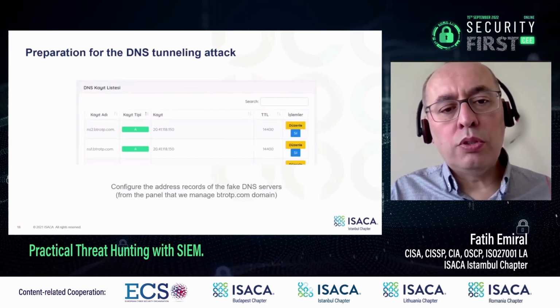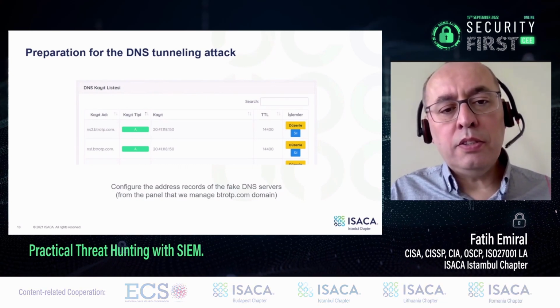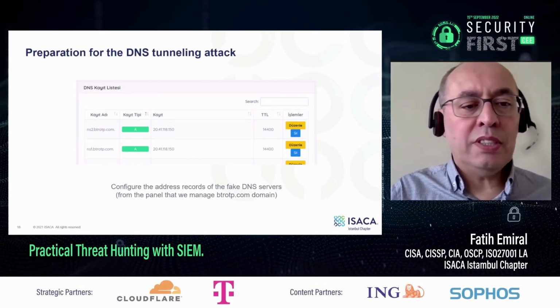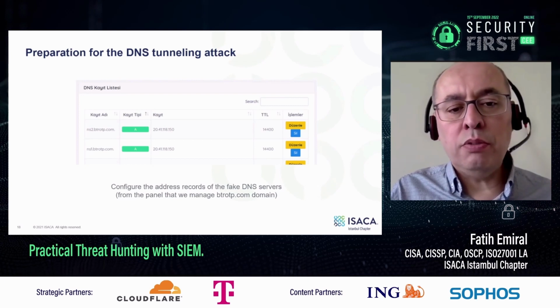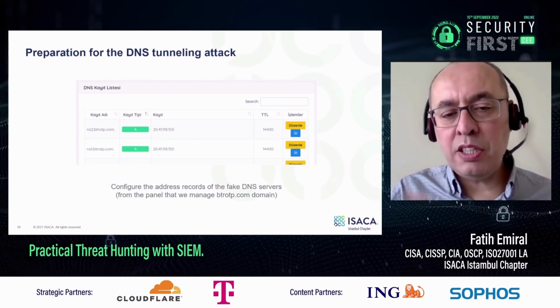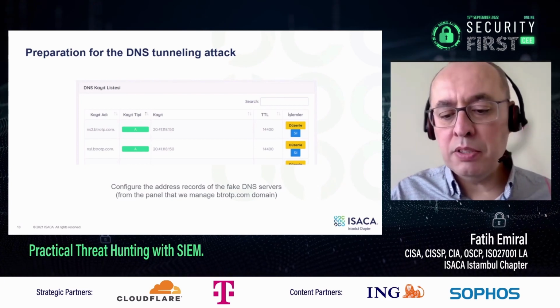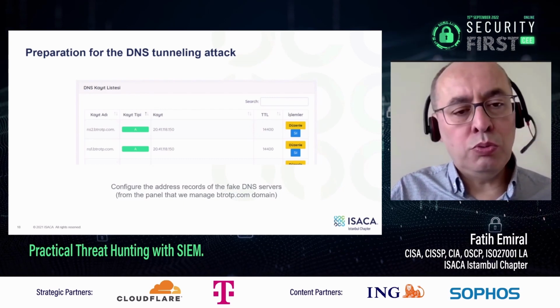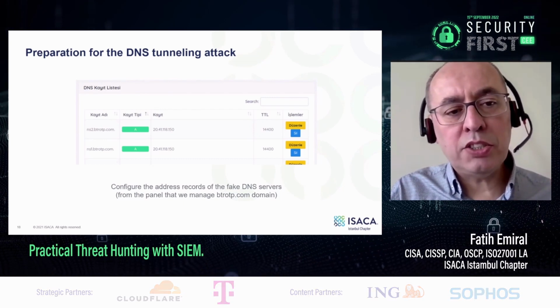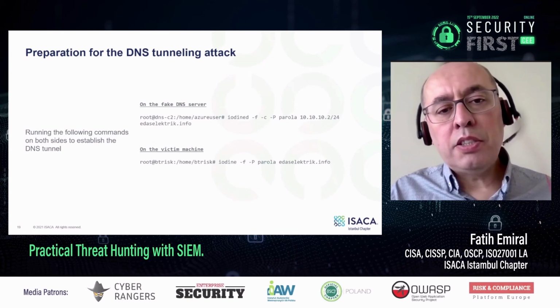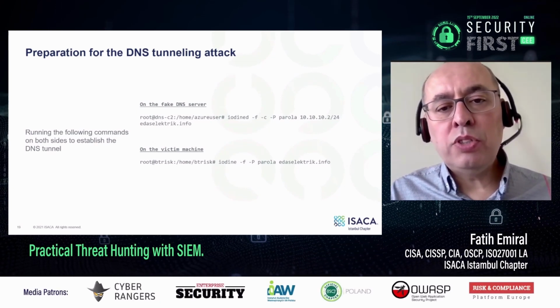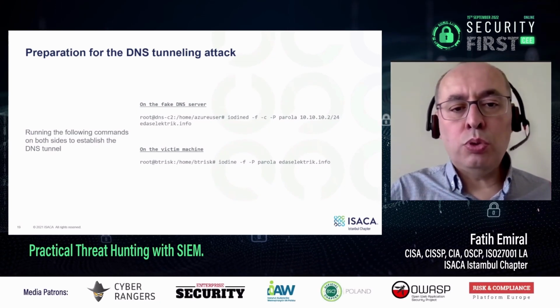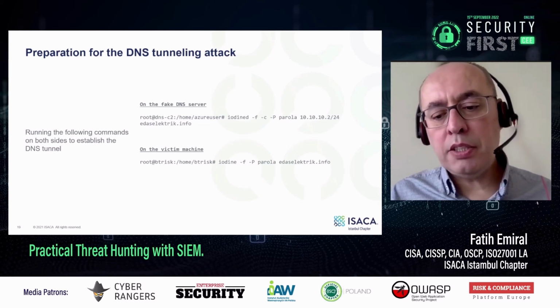I will need to create the DNS records for the name servers. Obviously, these are kind of complicated, but if you want to watch this again, it will make more sense. Here are the commands which should be run on the server side and on the victim side.